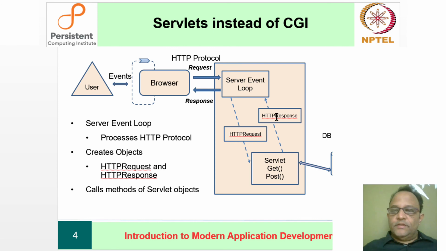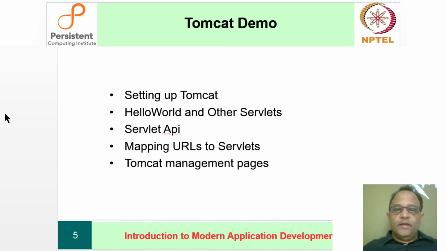We have these HttpServletRequest and HttpServletResponse and doGet, doPost. And then we have seen a few examples of these servlets. We saw a hint of what this servlet API is, which is exactly what those doGet, doPost and the request and response objects are. Then we will take a little bit of a look at how URLs and servlets are mapped, and what the rest of the management pages contain.